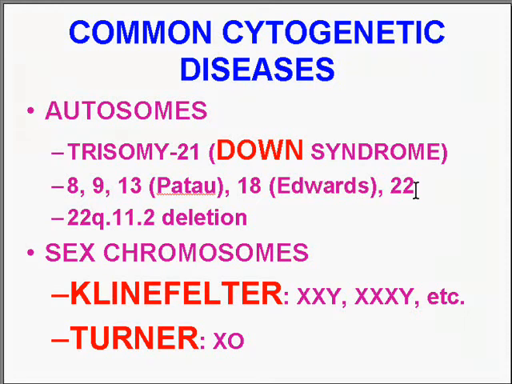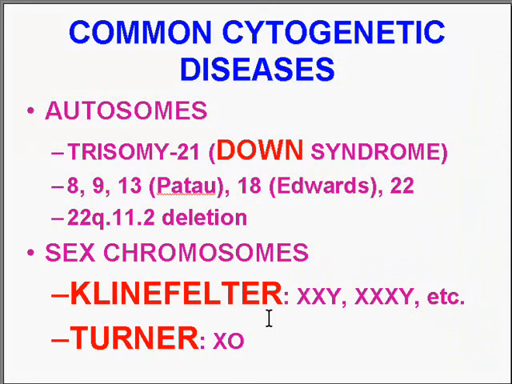You could have 22. We're going to also talk about a disease called 22q, which of course is a short arm band and subband deletion, which is a very interesting disease as well. And then we're going to talk about either extra or missing chromosomes.